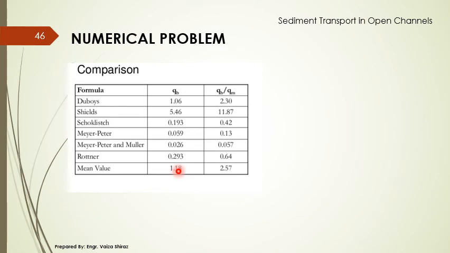And this is the final comparison of all the bed loads calculated from different formulas, and this is the final value. Also at the end we have calculated the ratio of the calculated bed load and the measured bed load.